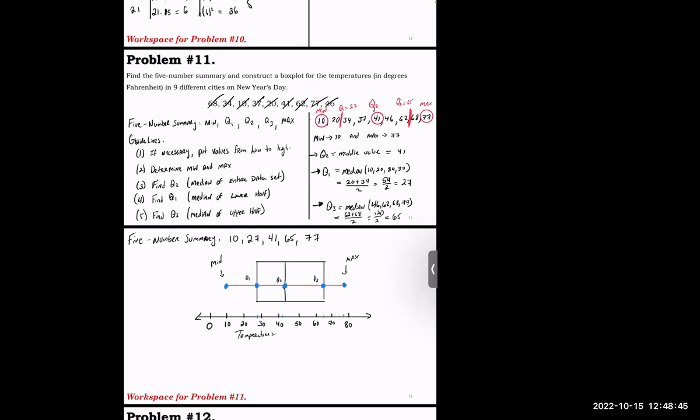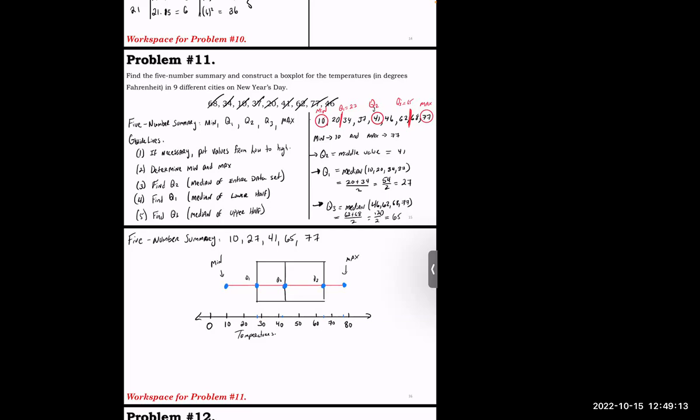I don't know the commands off the top of my head, but there's a YouTube video you can watch with the steps, how to enter the values into your calculator, and how it spits out the 5-number summary. Okay, thank you. You're welcome. Anybody else?